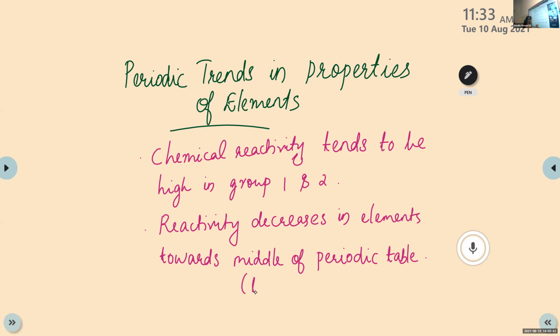Which are the elements there? Transition elements or transition metals. They are from group 3 to 12.